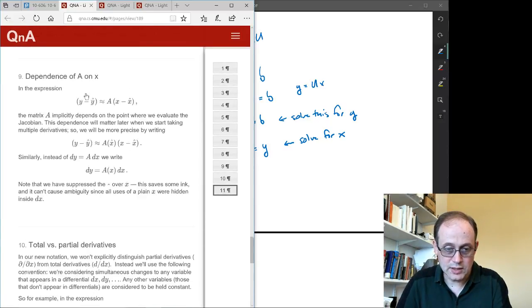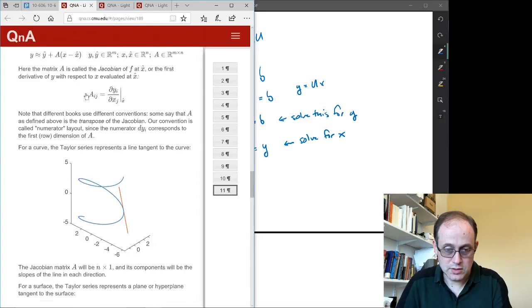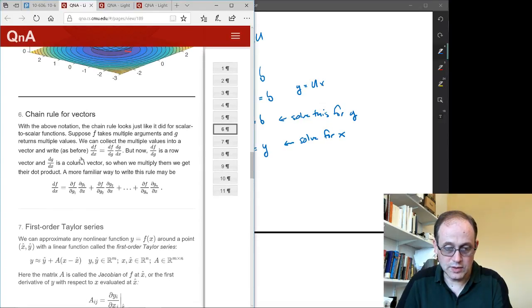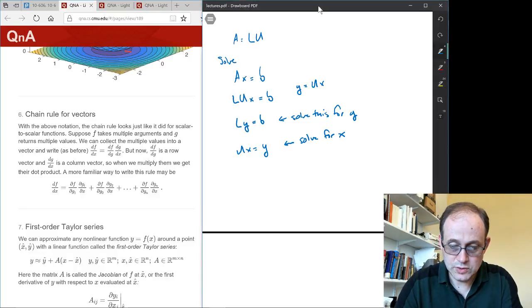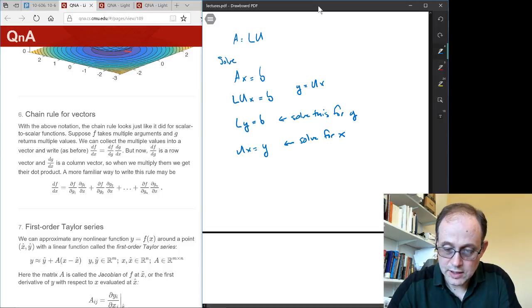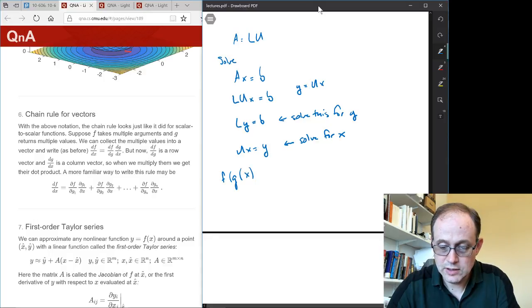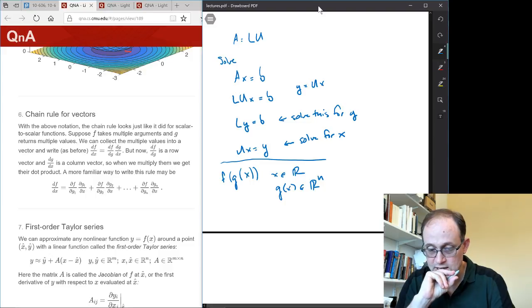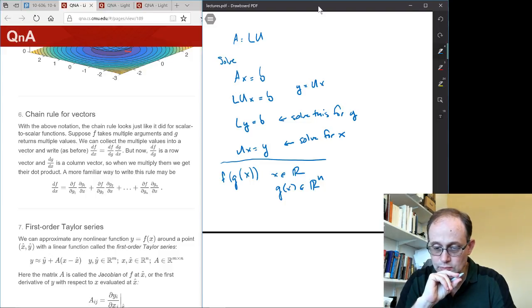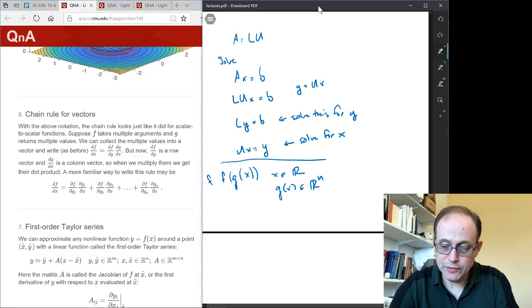In this example, we have f of g of x, where x is real and g of x is a vector, and we'll just write f for the output of that.